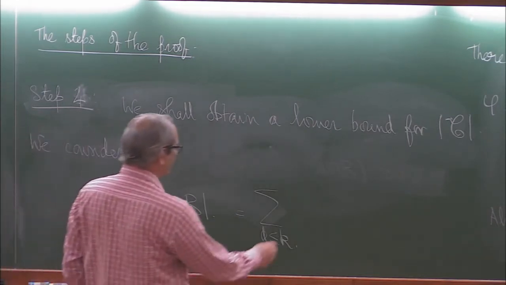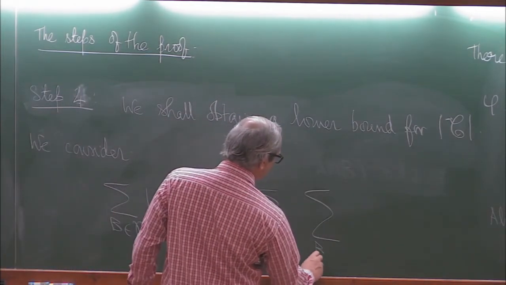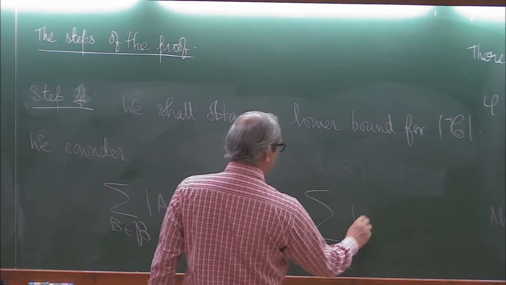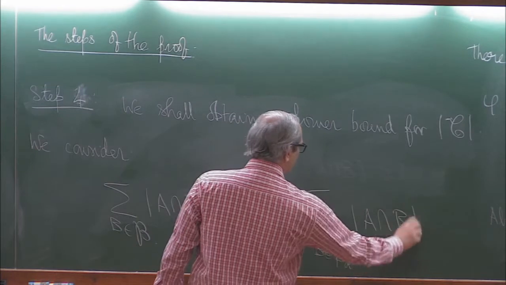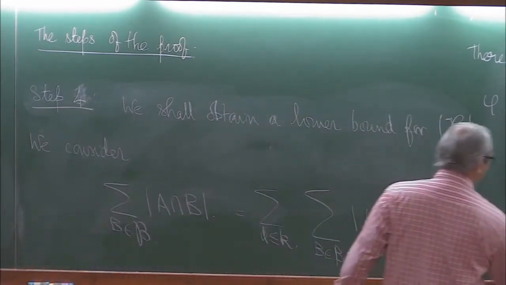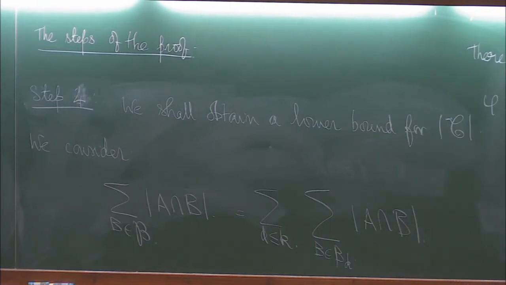So this is the sum over B in beta d of the cardinality of A intersection B, where beta d is the set of M-term APs with common difference d.